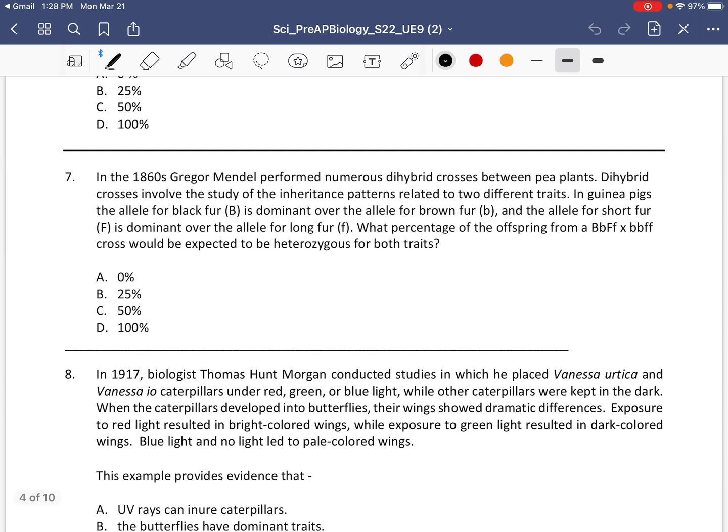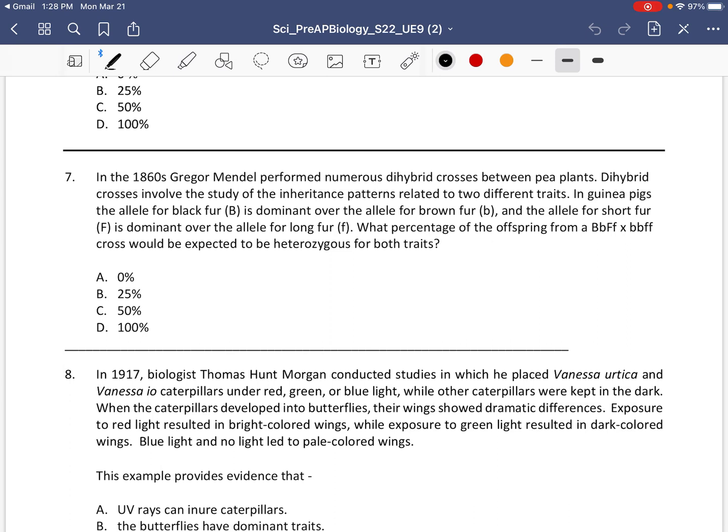Question 7. In the 1860s, Gregor Mendel performed numerous dihybrid crosses between pea plants. Dihybrid crosses involve the study of the inheritance patterns related to two different traits. In guinea pigs, the allele for black fur, capital B, is dominant over the allele for brown fur, lowercase b, and the allele for short fur, capital F, is dominant over the allele for long fur, lowercase f.